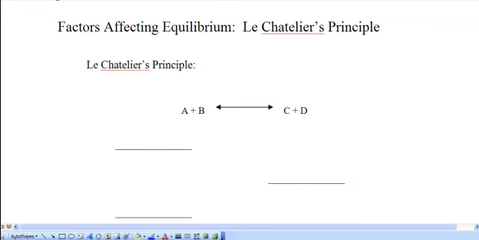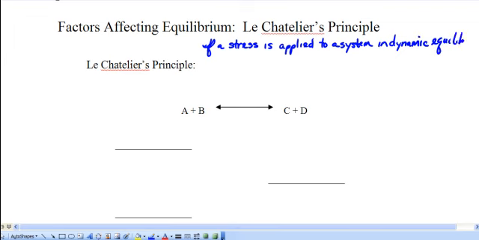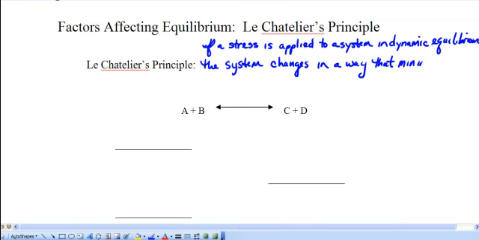And all the principle states is that if a stress is applied to a system in dynamic equilibrium, the system changes in a way that minimizes or relieves the stress.